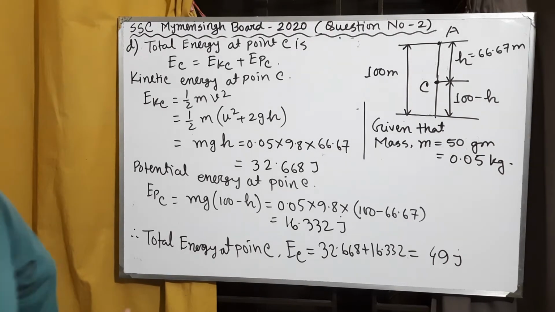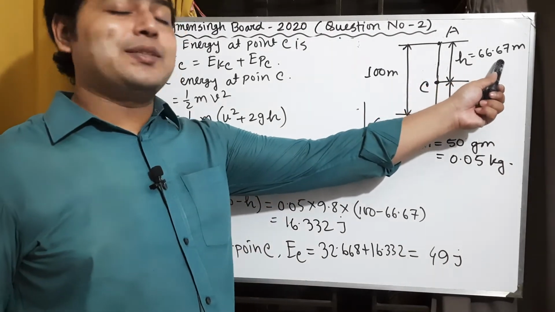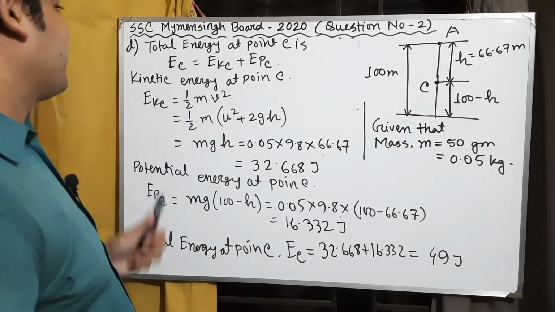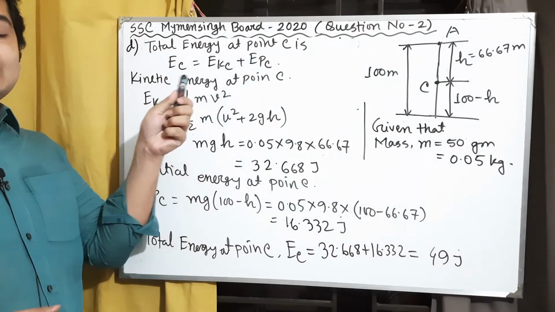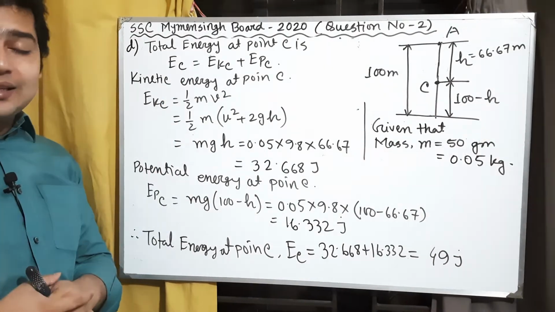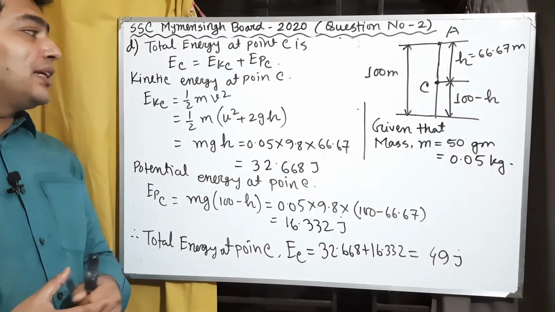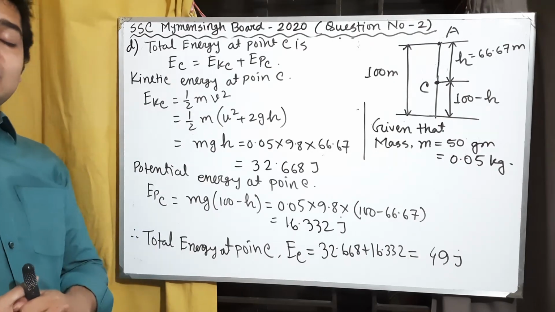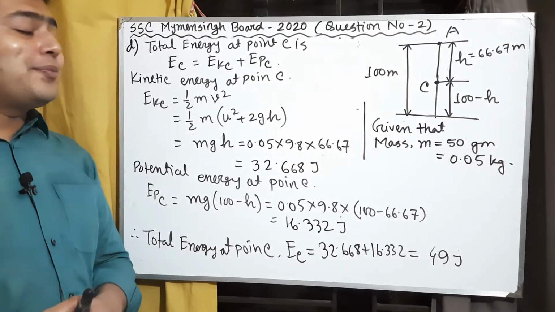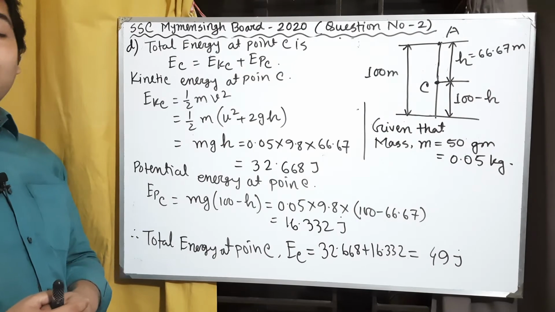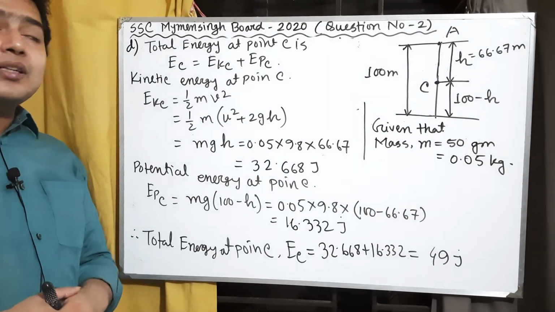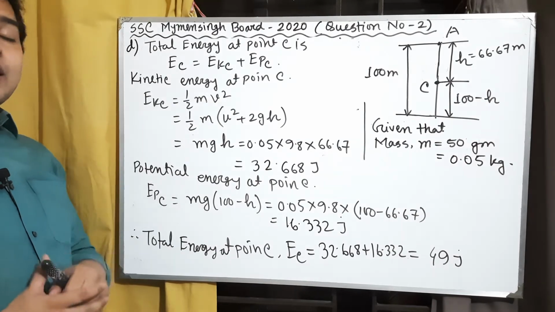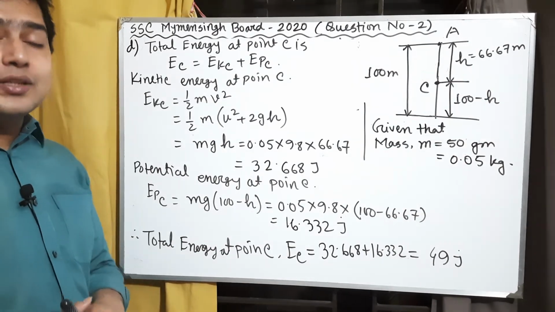Now we need to determine the total energy at point C. Here h is equal to 66.67 meters. The total energy at point C is EC equals EKC plus EPC, where EKC is the kinetic energy at point C and EPC is the potential energy at point C. The kinetic energy is EKC equals half of mv square.